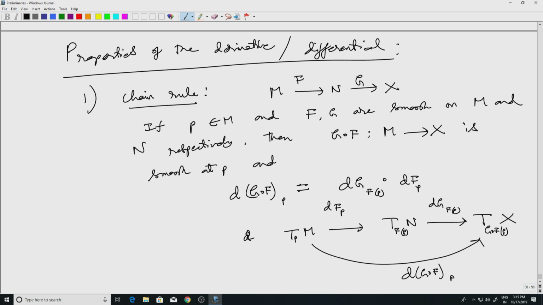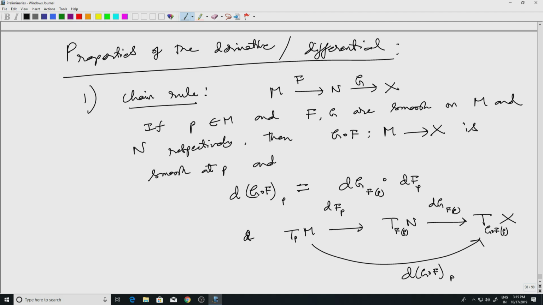In other words, there's a choice involved in identifying a tangent space with the right Euclidean space. This choice complicates things.